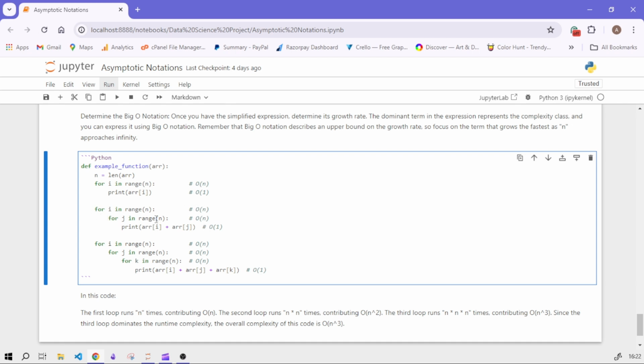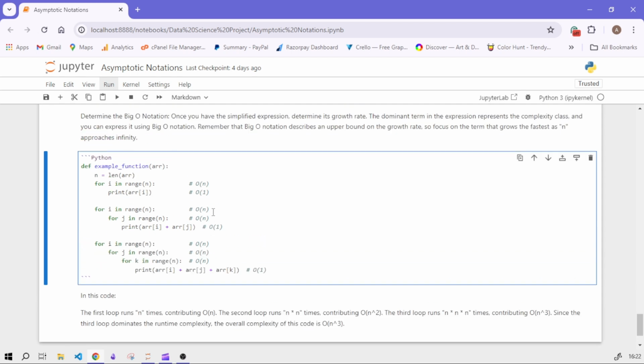Again here we have a nested loop, so again we'll be going through each element, so again it will be O(n). Now here we are trying to access the elements and we are summing them. So this is again O(1). No matter the size, we are going to get that constant performance, constant growth only.